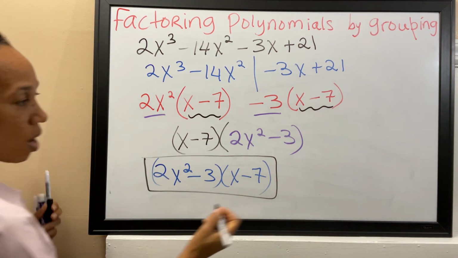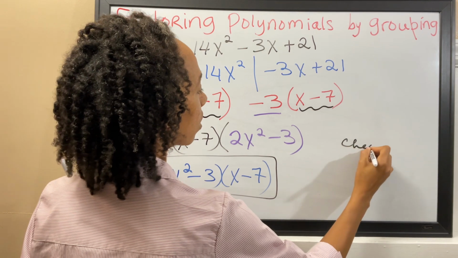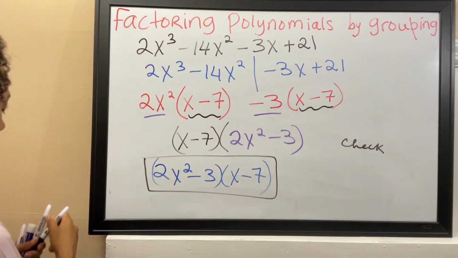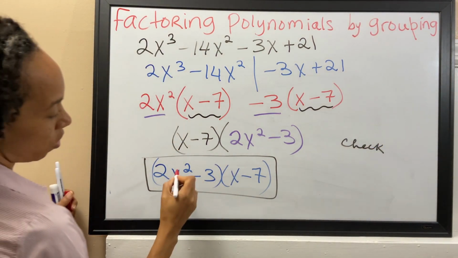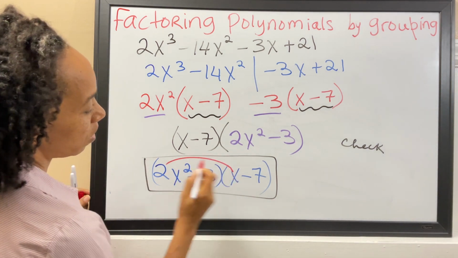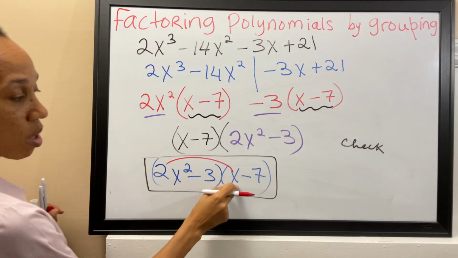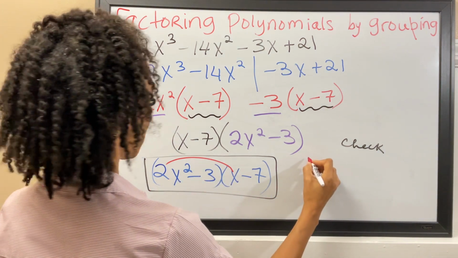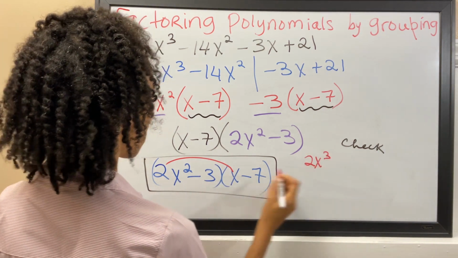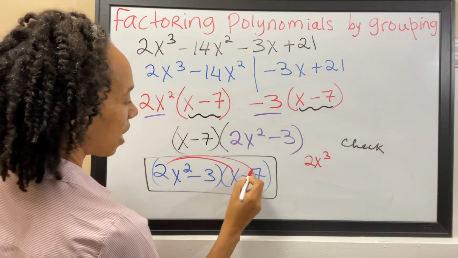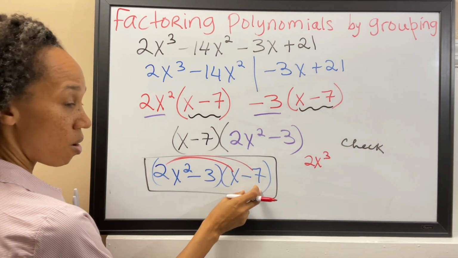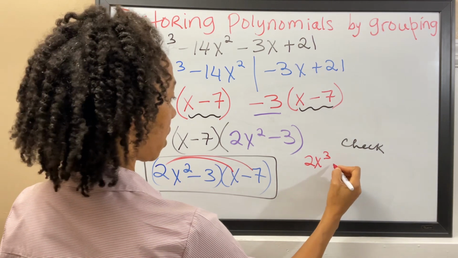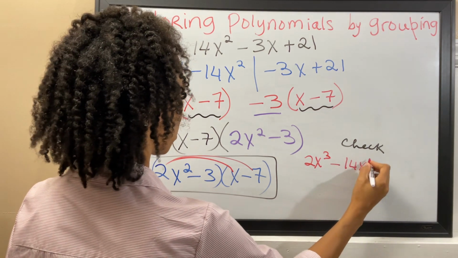And always check your work. Okay, always check your work. So you are going to multiply the first term with the first term of the other binomial. You're going to get 2x to the third power. Multiply the first with the last term, and that is going to give you negative 14x squared.